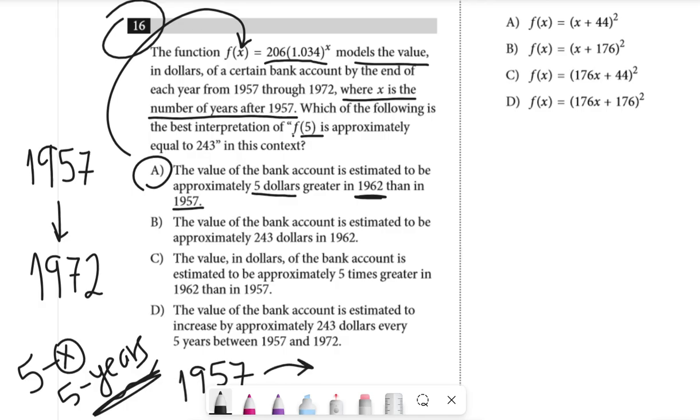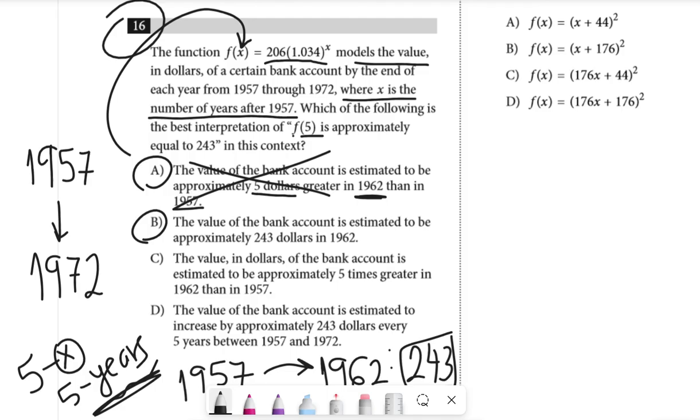So we started at 1957. After 5 years, it will be 1962. And the value at that moment is $243. Okay, let's read. So A is incorrect. Let's see B. The value of the bank account is estimated to be approximately 243.